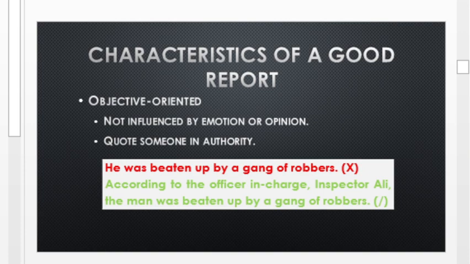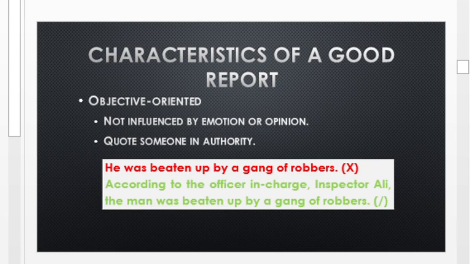So in a way, you can include, according to the Director General of Malaysia Health Ministry, Dr. Noor Hisham, the number of cases today will increase to a total of 4,652 cases. Then people will have trust in your report.